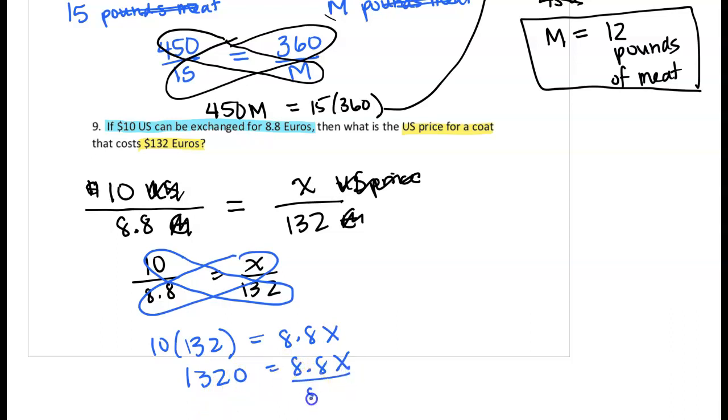To get the x alone, we're going to divide both sides by 8.8. On the left-hand side, 1,320 divided by 8.8 gives us 150. And on the right, we get just the x. So the US price would be $150.